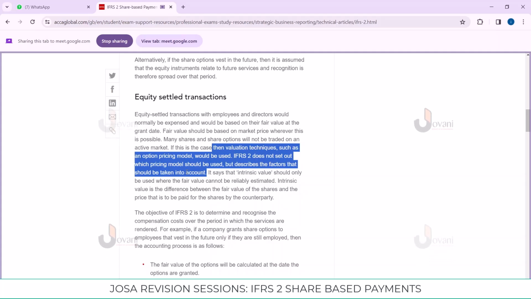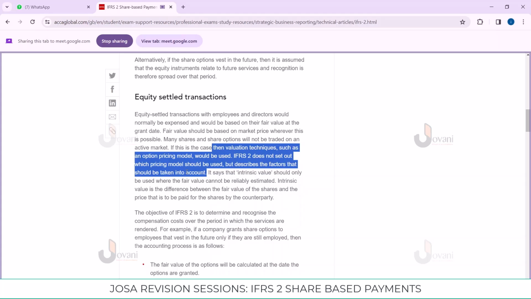Intrinsic value is just the difference between the fair value of the shares on the active market and the price that is to be paid for those shares.